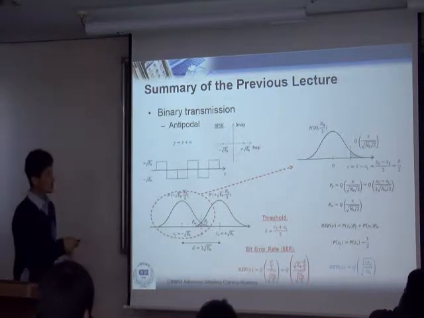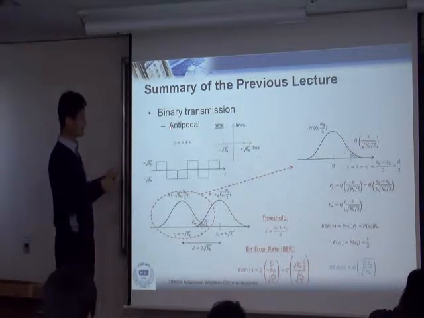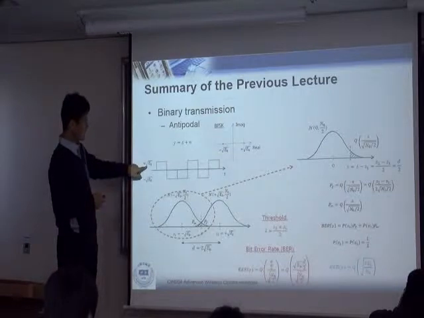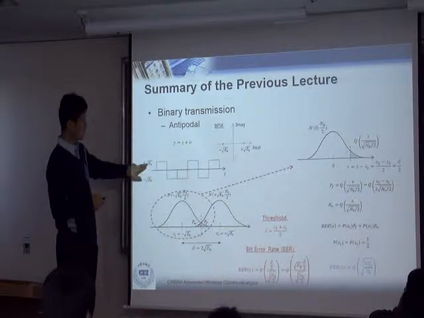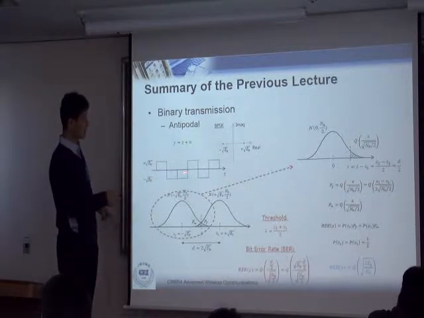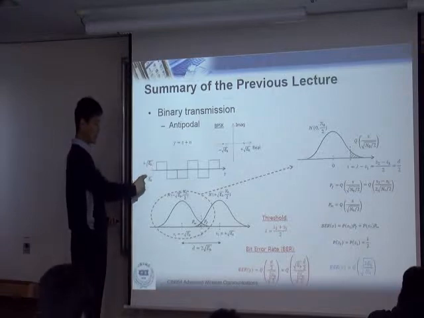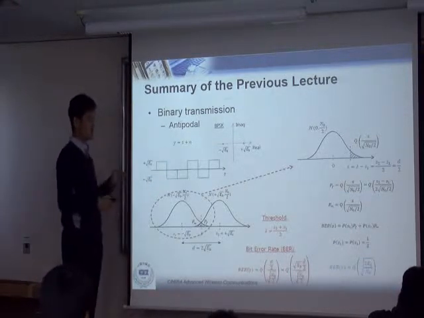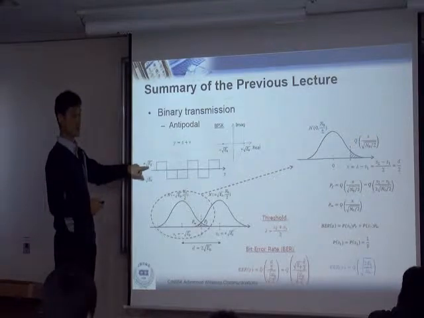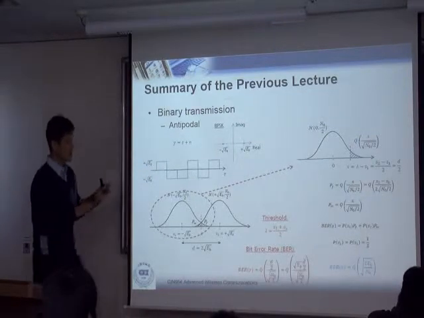But typically, when you do the antipodal signal, we basically assume this one has the energy of square root of EB. This one also square root of EB. Therefore, when you take the average energy, you square these two, add them up, and average, and the average energy is going to be EB. That's what I'd like to make sure.